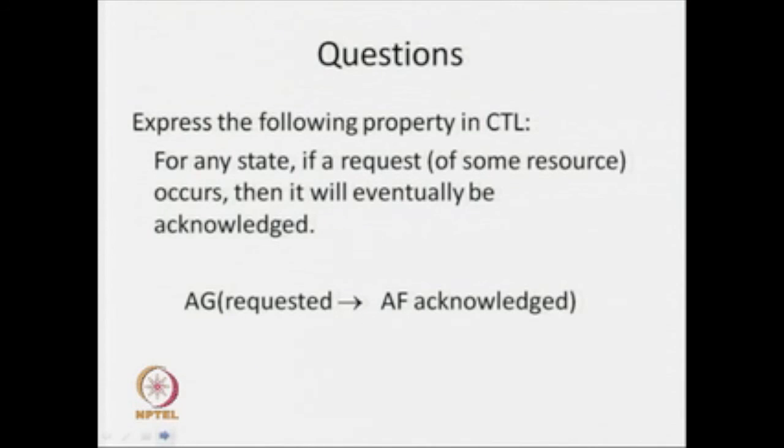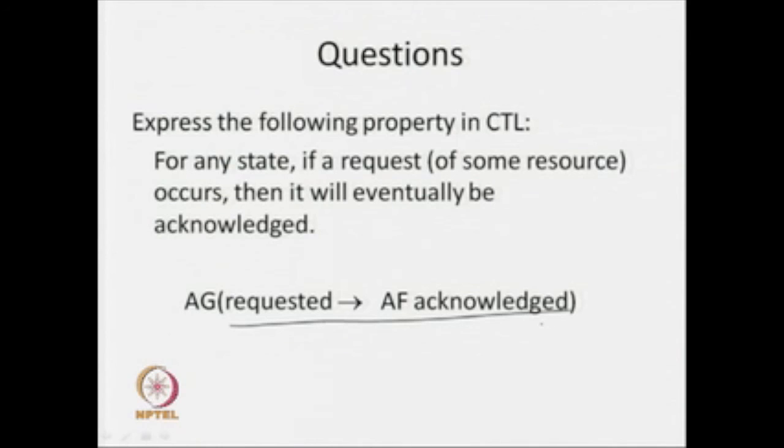Now, what we can say is that if somebody has requested some resource, it implies that in all paths in future it must get the acknowledgement, and this property should hold globally in the system. That is why I am saying that in all paths globally, if it is requested, then it should get an acknowledgement wherever the system goes. So, in all paths in future it should get the acknowledgement.